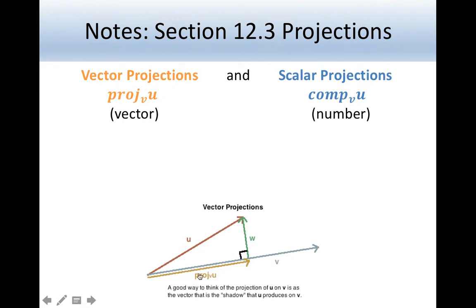So the projection of u onto v, notice what the subscript is, is the vector that is the horizontal component of any given vector. Think of it as a shadow, like if you had some kind of spotlight here.